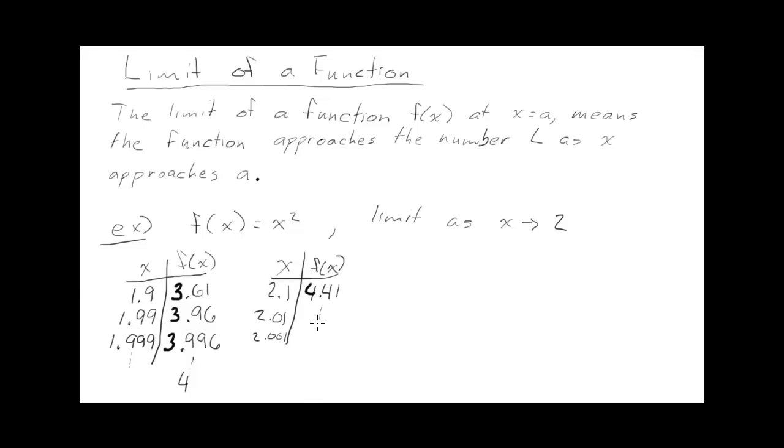I'll let you do the rest, but you're going to notice this is also going to approach 4. So it looks like the limit as x goes to 2 is 4. And the way we're going to write that is: limit as x goes to 2 of f at x is equal to 4.